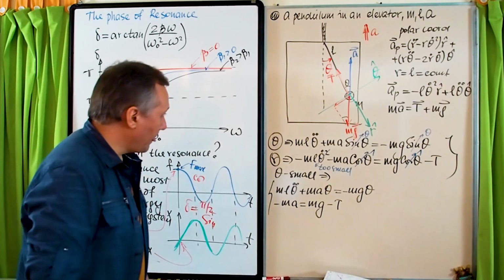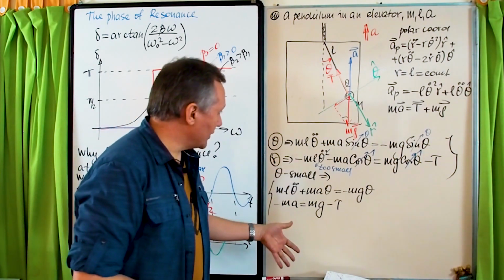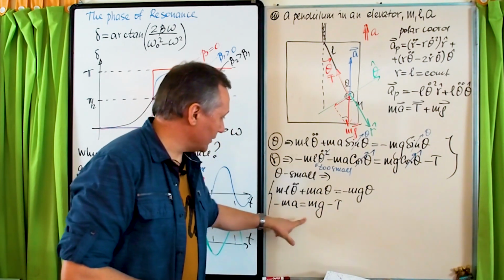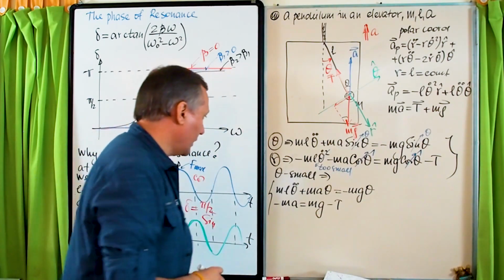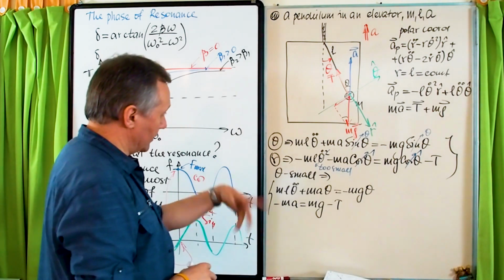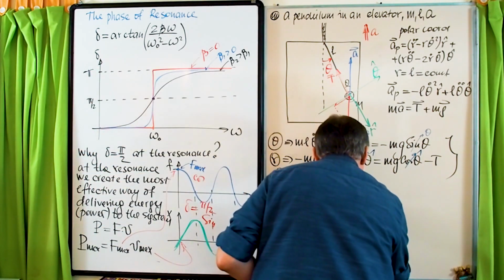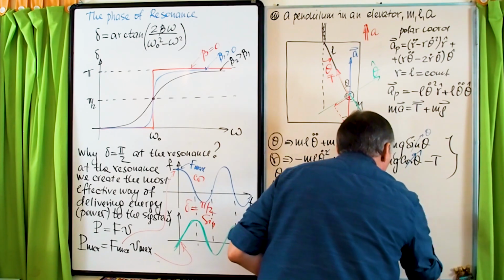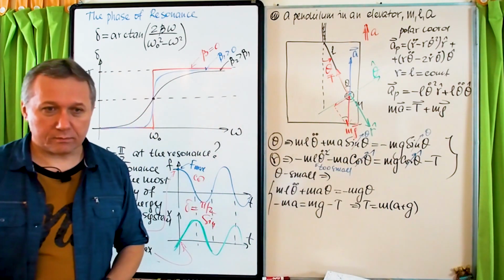Now it's almost decoupled, right? So we can find T: T goes to that side, positive, so we get T equals m times a plus g, right? So that's just the tension.